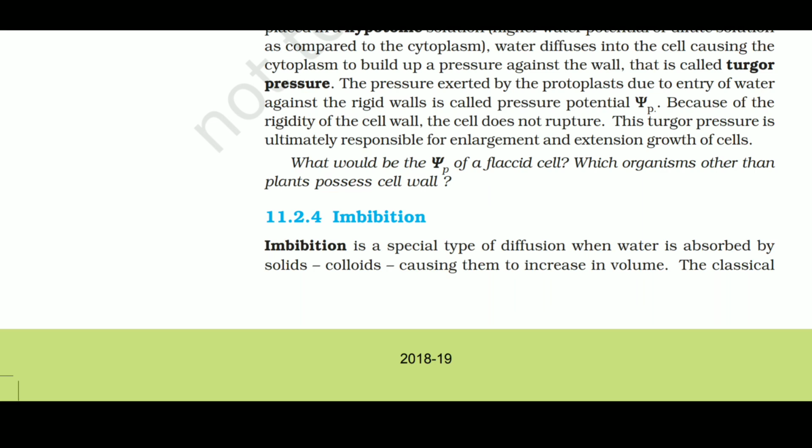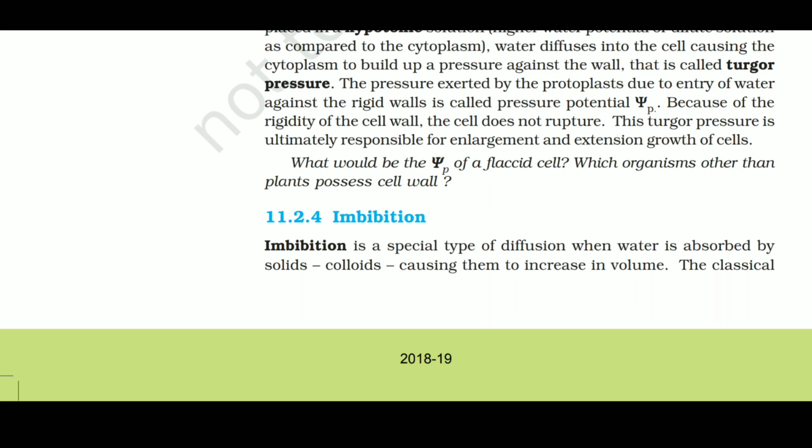The pressure exerted by the protoplast due to the entry of water against the rigid wall is called pressure potential. Because of the rigidity of the cell wall, the cell does not rupture. This turgor pressure is ultimately responsible for enlargement and extension growth of the cell.